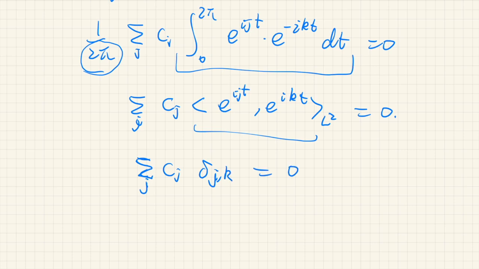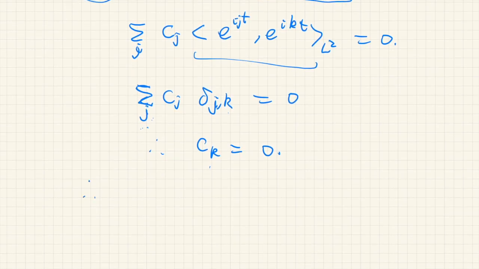But if we sum over j, then only one of these j's is equal to k. So that means c_k is equal to 0. But k can be any integer between negative n to positive n. So therefore, for all k from negative n to positive n, we have c_k equal to 0. So all of the coefficients are 0 indeed.